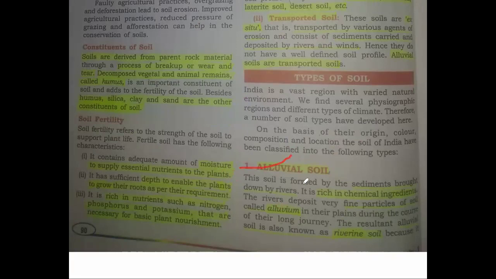So alluvial soil, the soil is formed by sediments brought down by rivers. It is rich in chemical ingredients. River deposit where the rivers deposit very fine particles of the soil called alluvium. Important. In their plains during the course of their long journey, the resultant alluvial is also known as riverine soil.